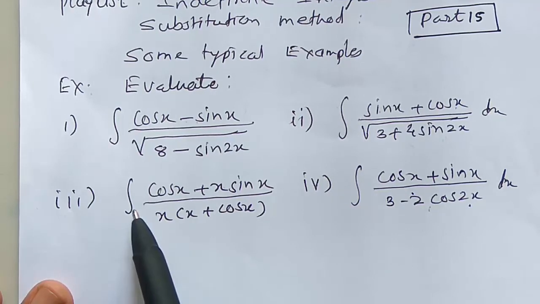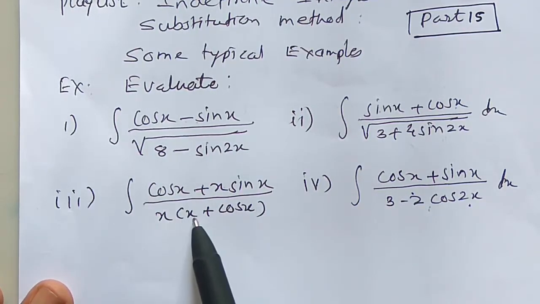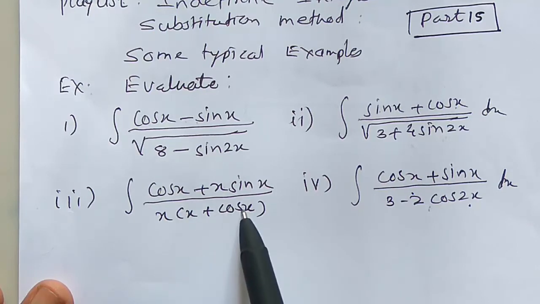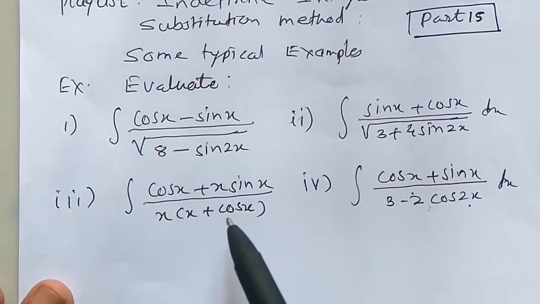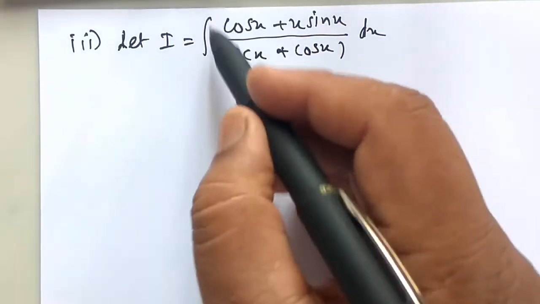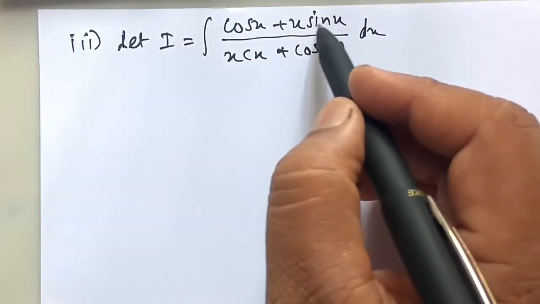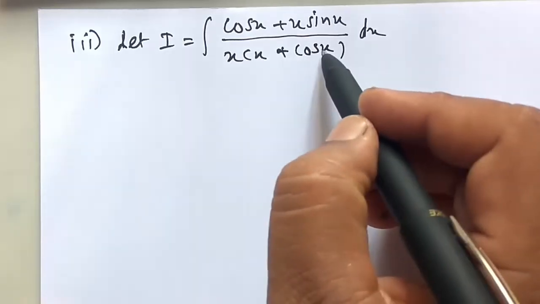Example number 3, integration of cos x plus x sin x upon x into bracket x plus cos x. It is different from these two examples. Now I will solve this example. Let I is equal to integration cos x plus x sin x upon x into bracket x plus cos x.